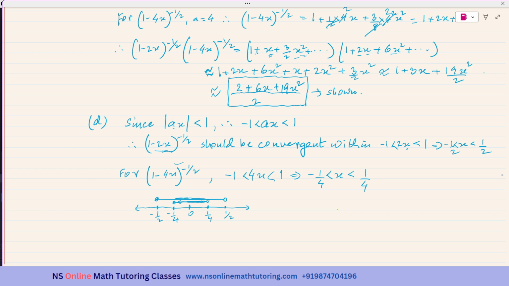Okay. So, therefore, if you give this number line, it will be explaining your answer.